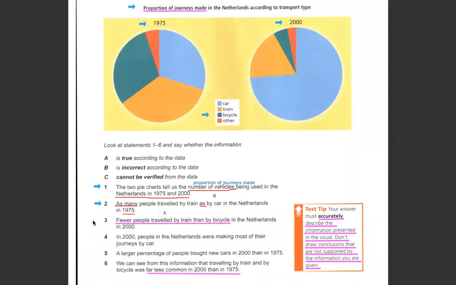Please read number 3. Now we're looking at the second one, year 2000. So here we've used comparatives, fewer than. We're looking at train, which is orange, and bicycle, which is green.